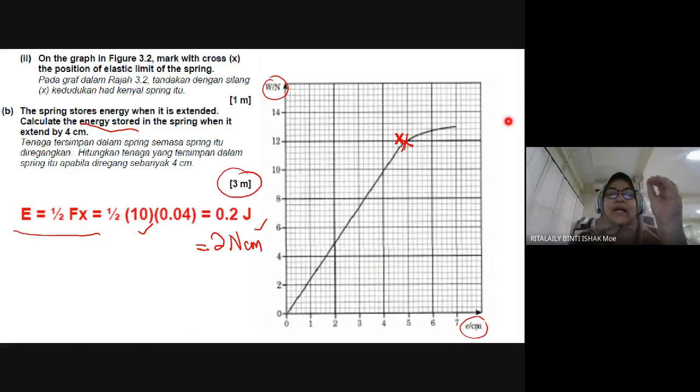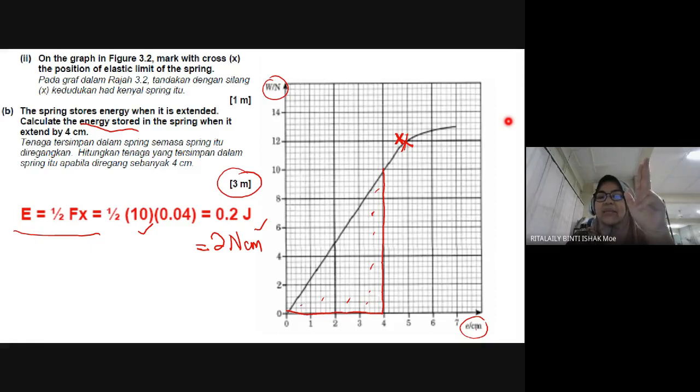So kalau markah dia 3 juga, the first mark is from the graph. Awak kena buat segitiga paling besar. 5 kotak paksi Y: 1, 2, 3, 4, 5, the minimum. Paksi X, 1, 2, 3, 4. So that is the first mark for the gradient.